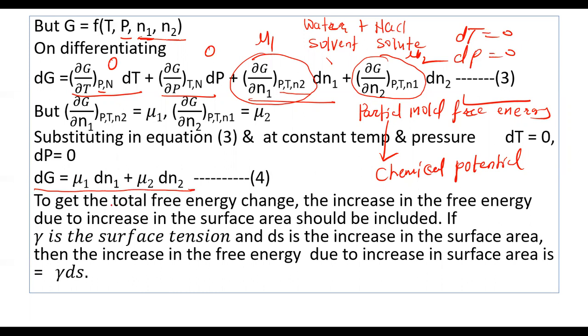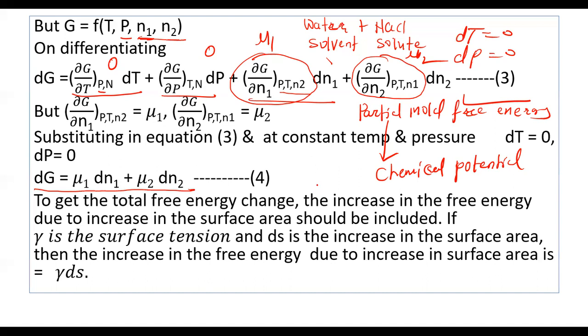Now, to get the total free energy change, the increase in the free energy due to the increase in the surface area should be included. We are talking about the solute and solvent.